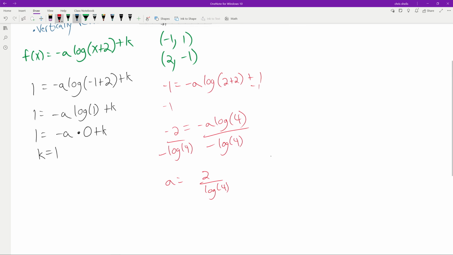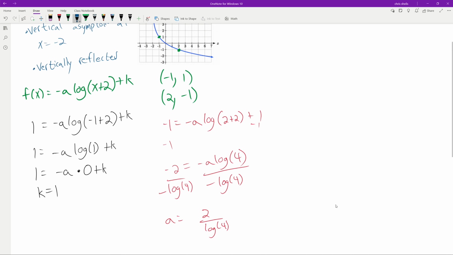Synthesizing all of the information I have, just putting everything that I know together, this then becomes that f of x is a, which is 2 over log 4, times what?